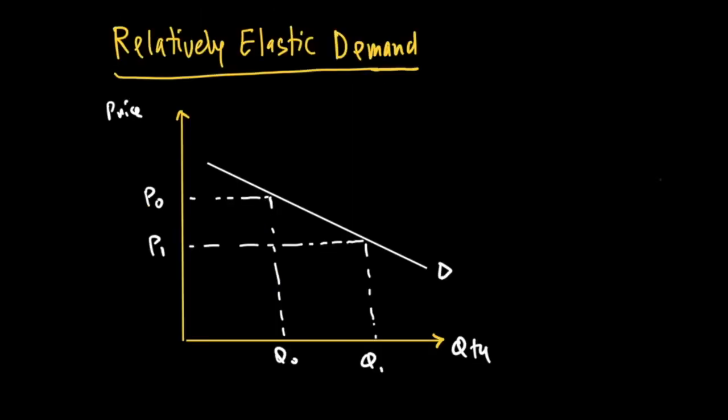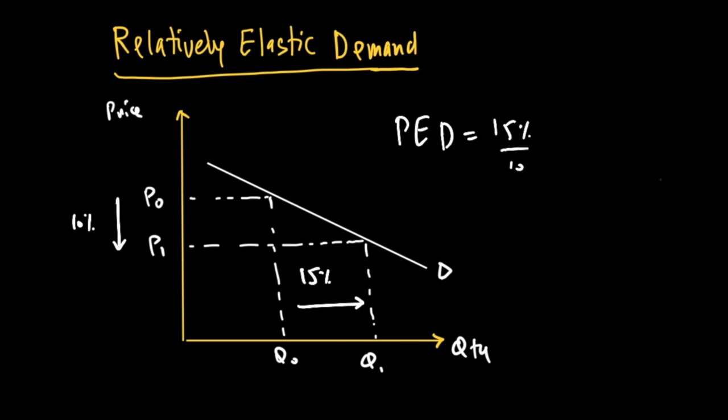When the good is relatively elastic, this is where we made a demand curve which is very flat, and we say that when the price goes down, let's say by 10%, the quantity demanded may go up by, let's say, 15%. So in this case, your PED will be 15% over 10%, which would be 1.5.